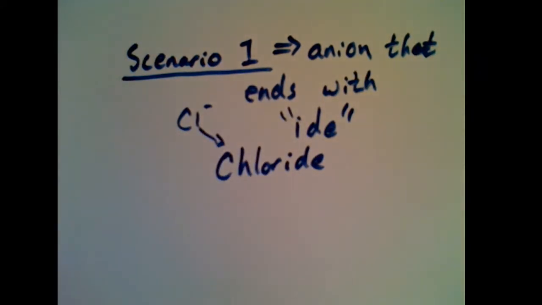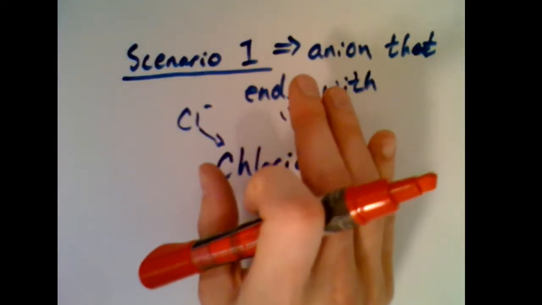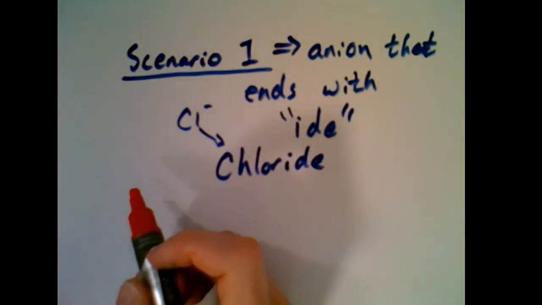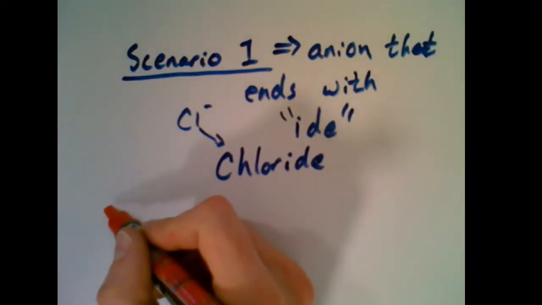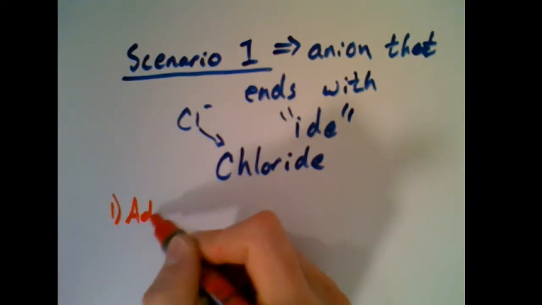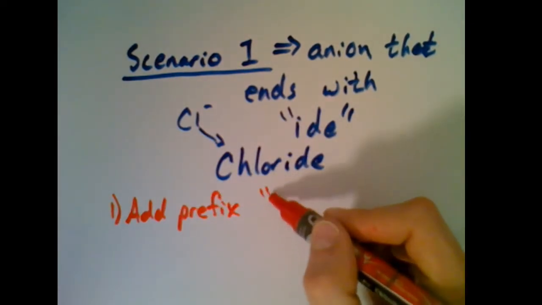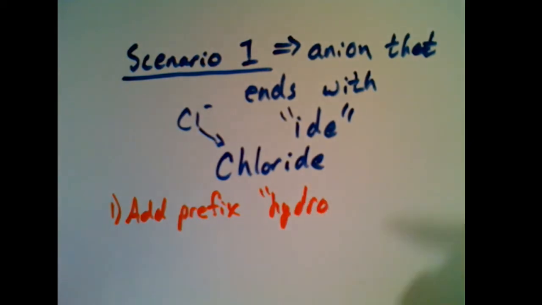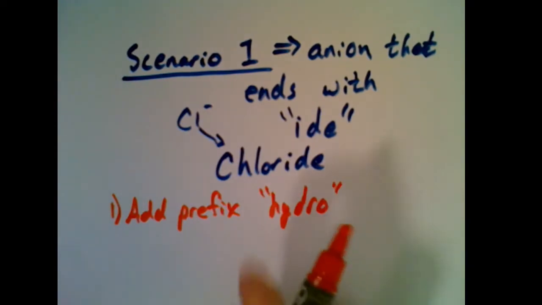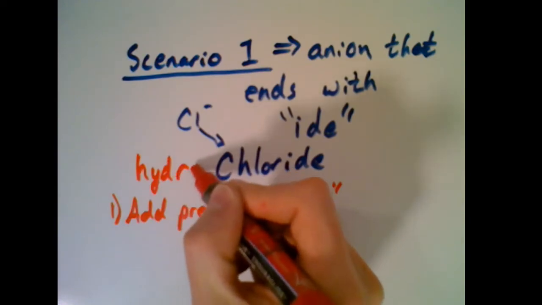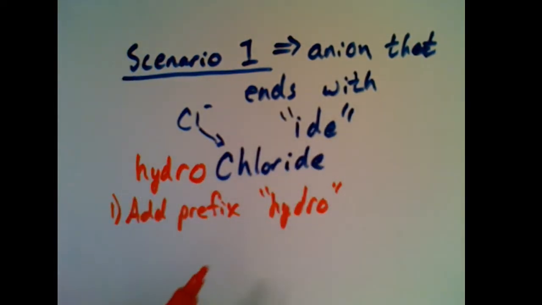So here's what we do when it comes to using these. If this is our scenario where we have an anion that ends with IDE, what we do is we add a prefix. So number one, we're going to add the prefix hydro. So if I'm dealing with chloride, in front I would write hydro, and so it looks like it says hydrochloride.